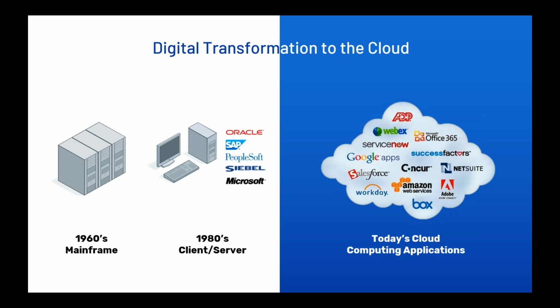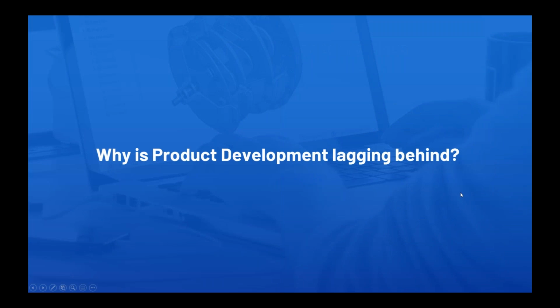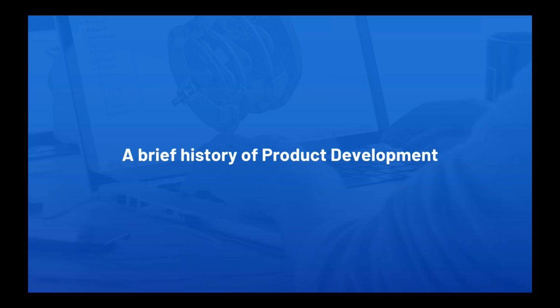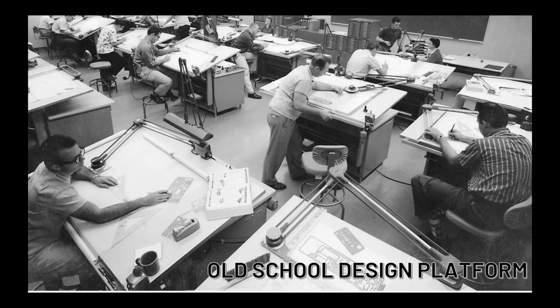So if we talk about why product development is lagging behind in some of these applications, it's that we started years ago doing product development in a drafting room on a drafting board using vellum and ink and drafting machines.